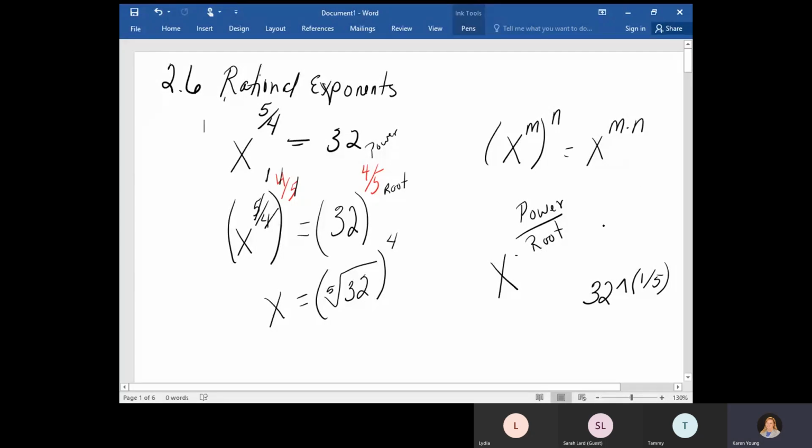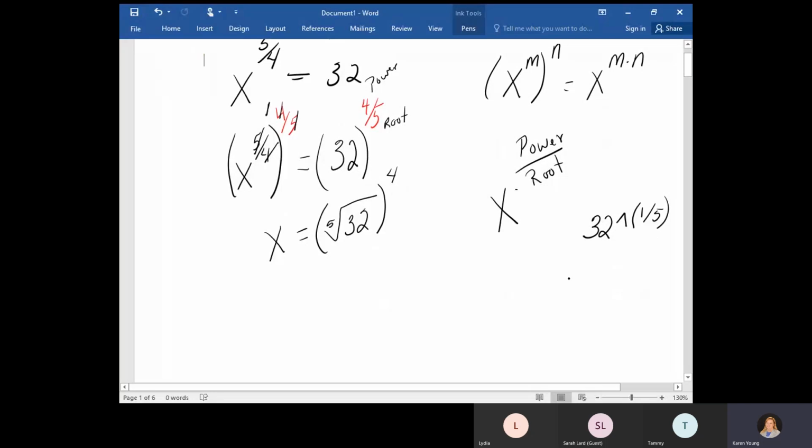You can also take 32 down to prime numbers. 2 goes into 32 16 times. 2 goes into 16 8. 2 goes into 8 4. 2 goes into 4 2. And I have 1, 2, 3, 4, 5 2s. So that equals 2 to the 5th.